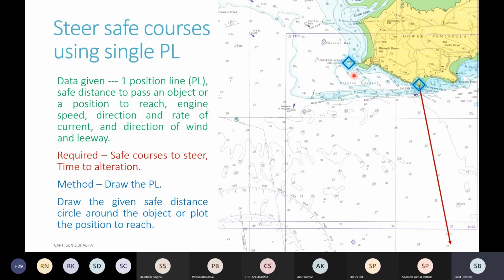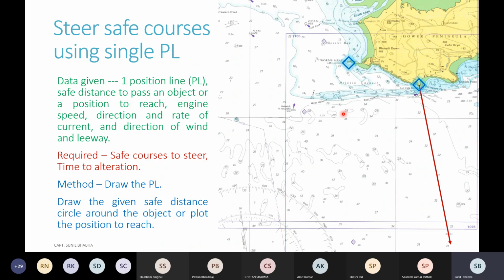So in the second step now, we will draw the given safe distance circle around this object. Keeping our compass on this object, which is Worm's Head, and opening the compass equal to the safe distance which we need to maintain from this particular object, we will be drawing a circle.